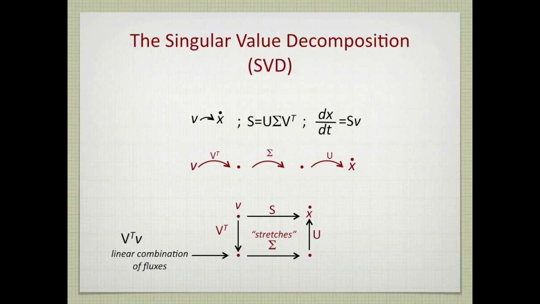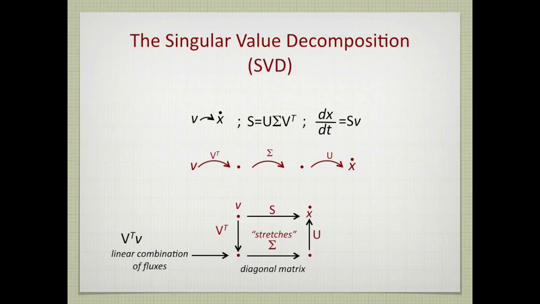Since v is a vector, and if I multiply it by a matrix, every row in that matrix V transposed times v will give me a linear combination of the fluxes as specified by the elements of that row. So what I get by mapping of V transposed is many different linear combinations of fluxes, where each combination is in each row in that column vector. Then sigma, it's a diagonal matrix, so it stretches these linear combinations of fluxes.